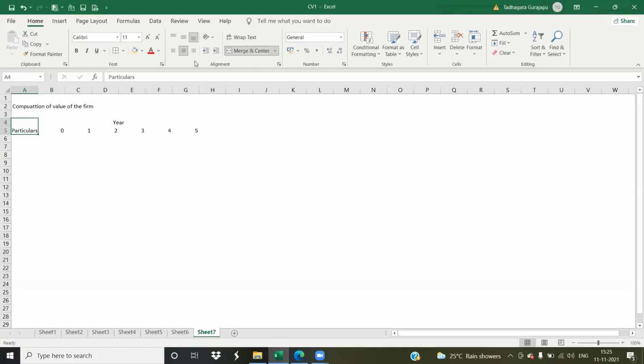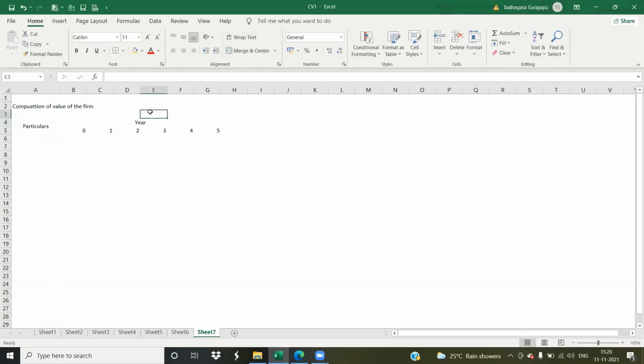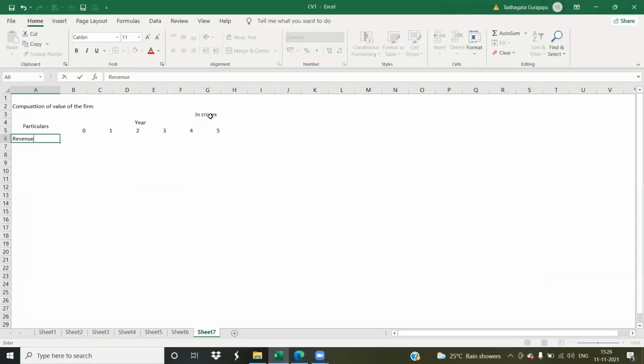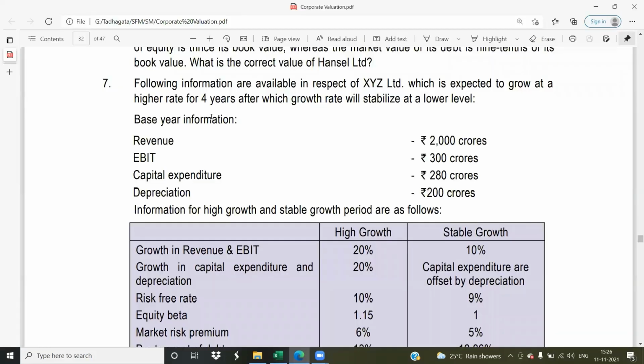Also this one is in crores. What is given? Revenue, EBIT.